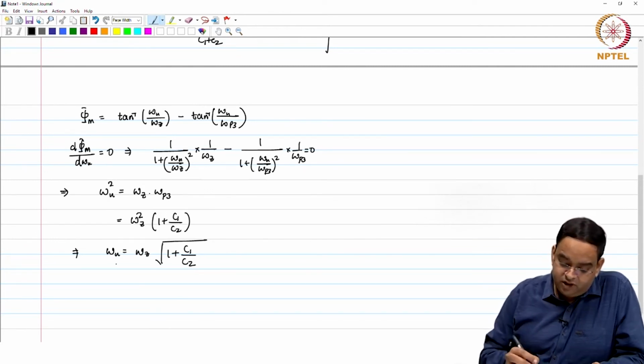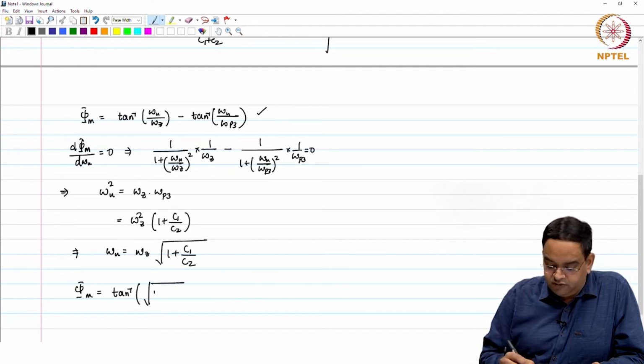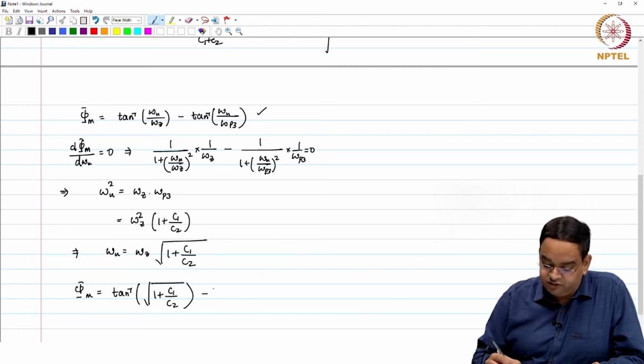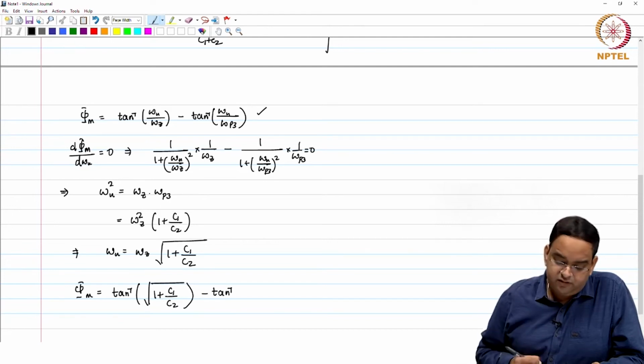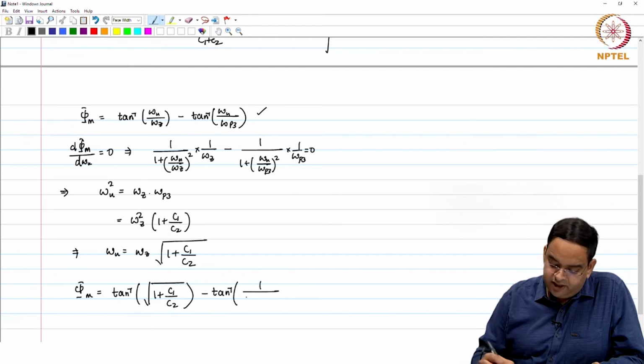Okay. So, you got the relationship between omega u and omega z in terms of the capacitor ratio C1 by C2. I am going to substitute this back in the first equation to find our phase, which is tan inverse of under root of 1 plus C1 by C2, minus tan inverse of 1 divided by under root of 1 plus C1 by C2.